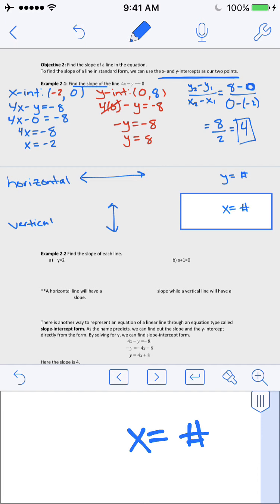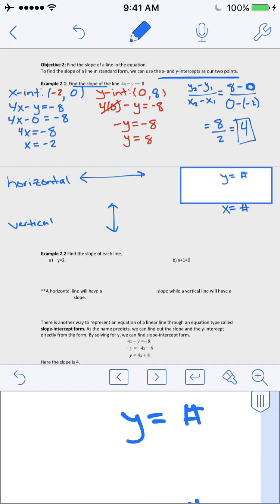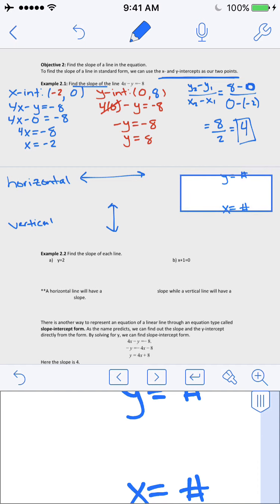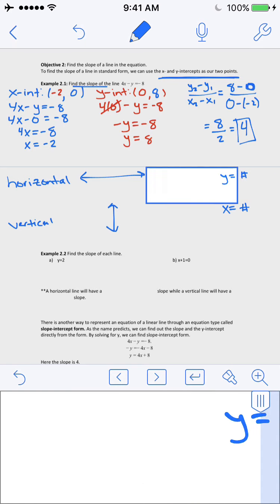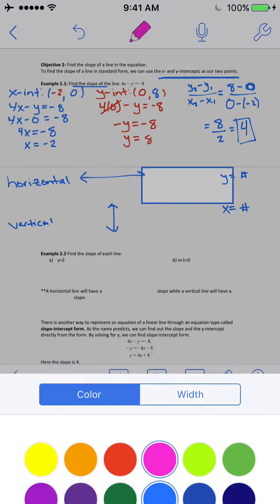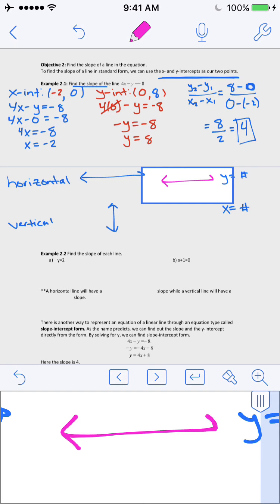Remember? We'll play a little matching game. That's right. If you have only y's, that means your x's are 0. It doesn't matter what your x's are, so that would be horizontal. So these 2 would be the same.